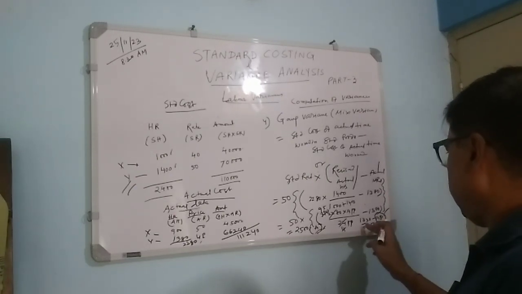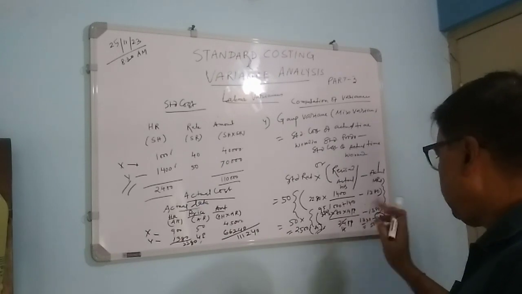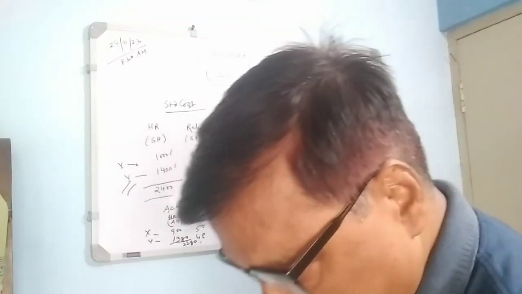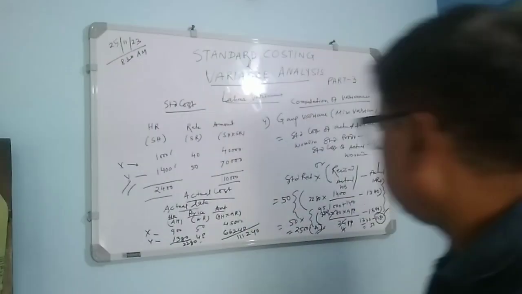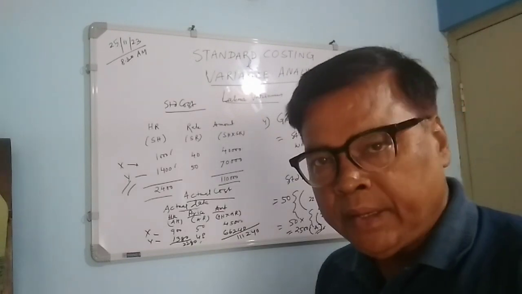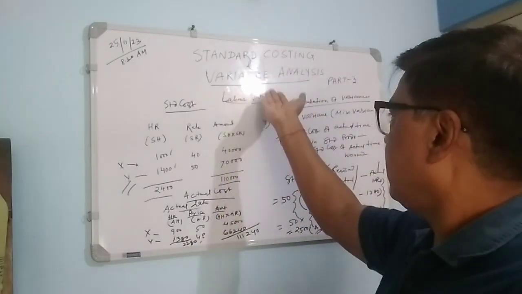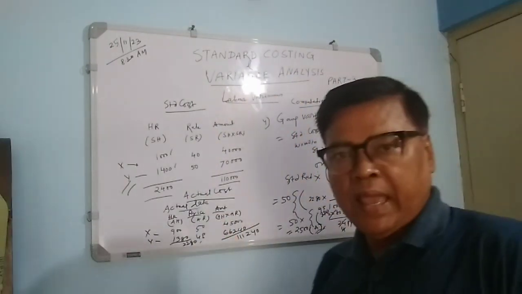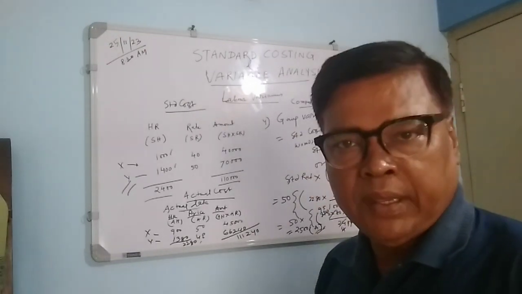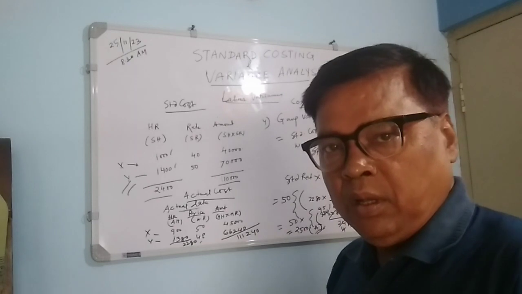If revised actual hours is less than actual hours, it will be adverse. So in this video we have discussed labor variances and this concept of standard costing. Basics and material variance I have given in my another video.